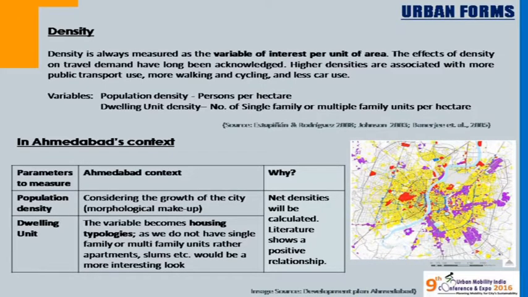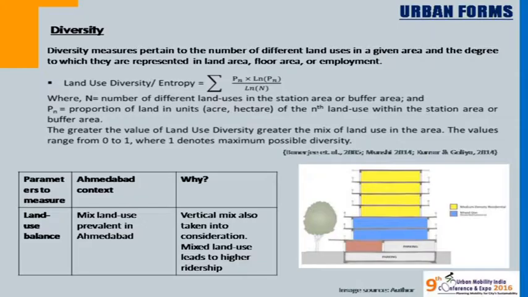When looking at the diversity part, the land use balance or the entropy values were taken into consideration, as Ahmedabad has prevalent mixed land use in its development, and vertical mix is also taken into consideration when you take the formula of entropy or land use diversity.